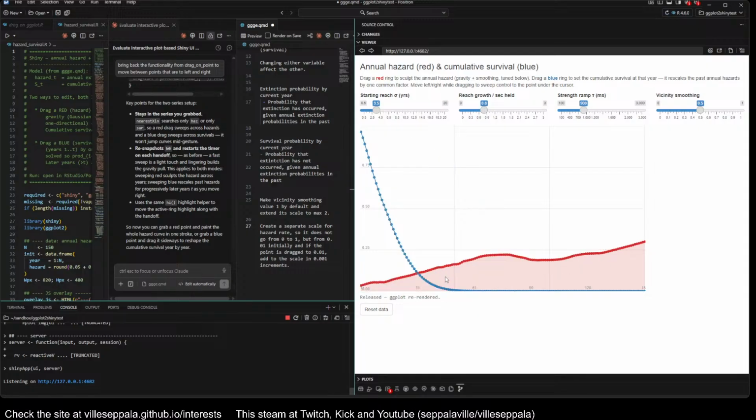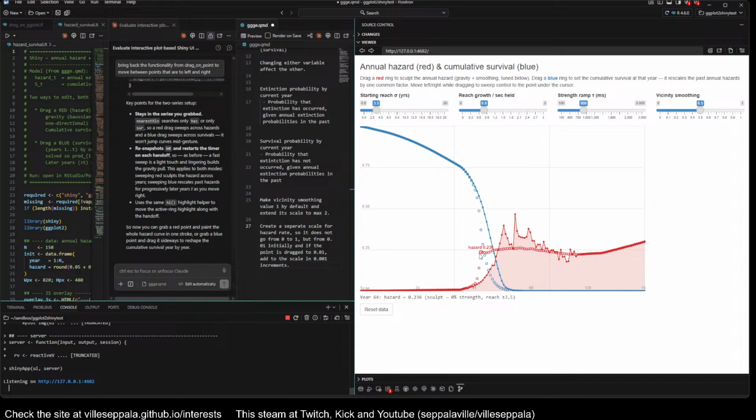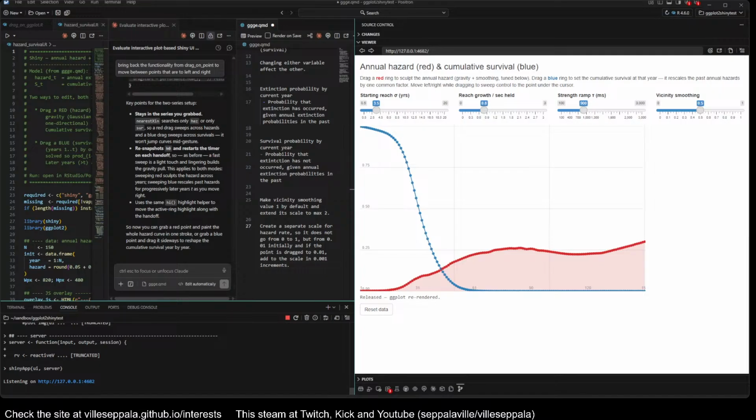It's quite easy maybe to create some weird outcomes with this. Oh yeah, I had the one thing here.